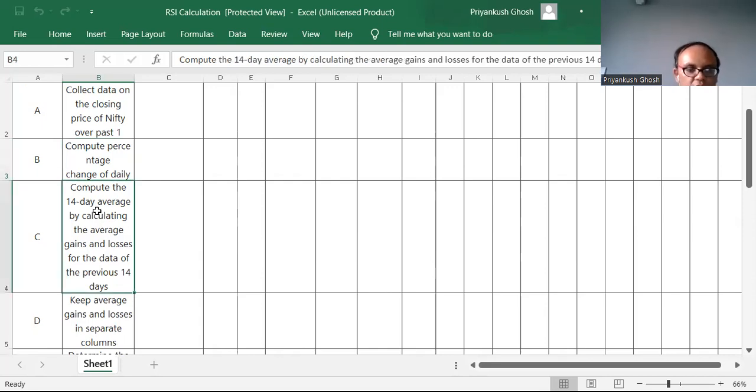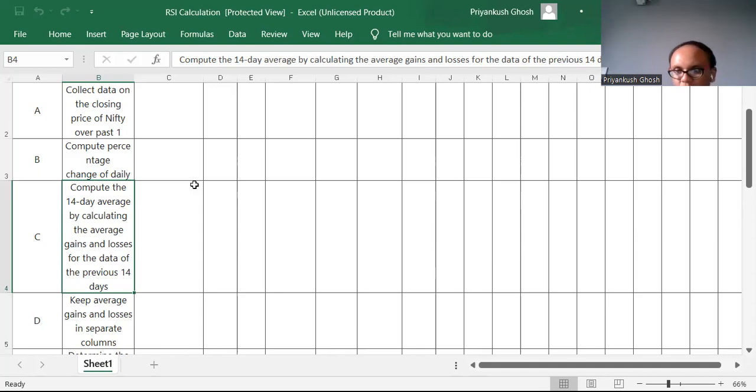Step three, compute the 14-day average by calculating the average gains and losses for the data of the previous 14 days. We have taken a 1 month dump of Nifty, and we will calculate the RSI. If you add the RSI indicator in a chart, you will see the 14 over there, meaning the 14 period.